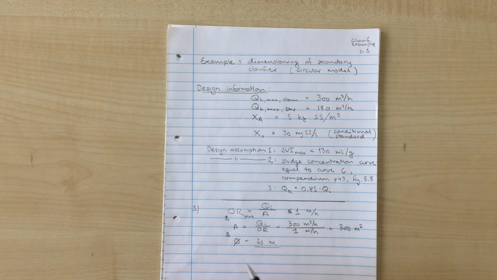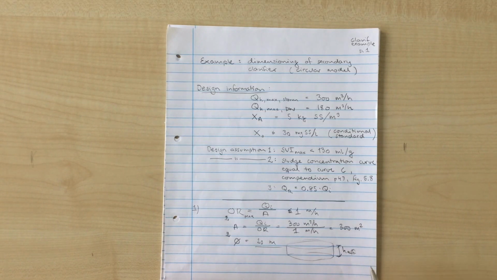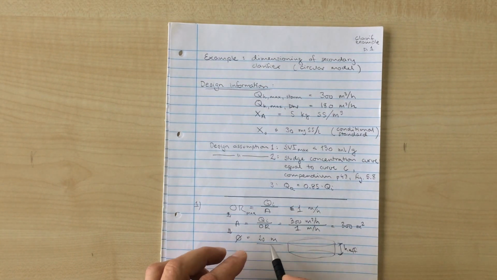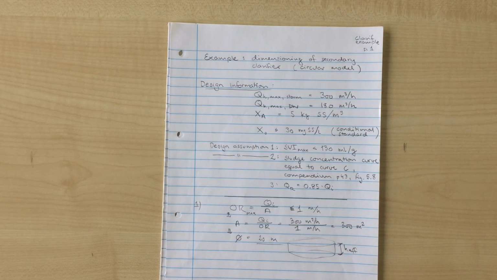There's always a number of designs that will satisfy all my criteria, but I need to make some assumptions about the size of the circular clarifier, and I need to choose a side water depth. In this case, for a size like this, I will go for a side water depth of less than 3 meters.